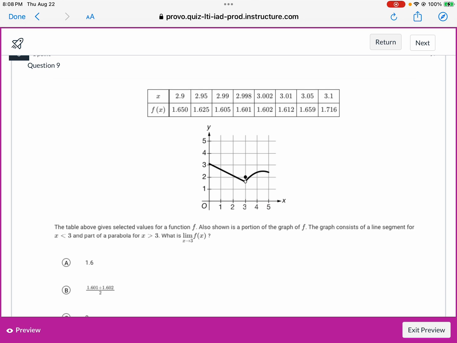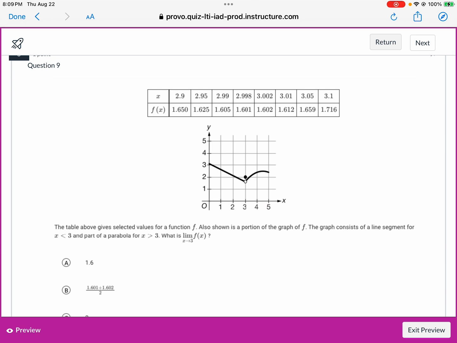So you can take 2 points right here, and since I have at least 2 points for the line segment to the left of 3, I can find a linear equation that gives me both the slope and the y-intercept. If I can find an equation for that line, I don't have to guess. I can actually take that function and plug in 3 to see what it would be.